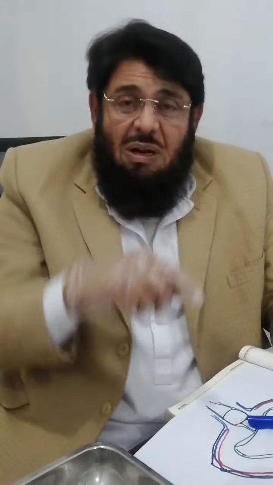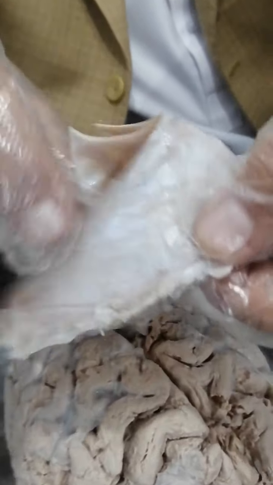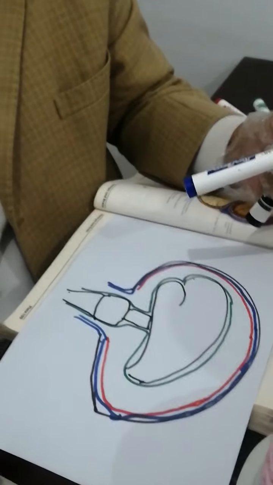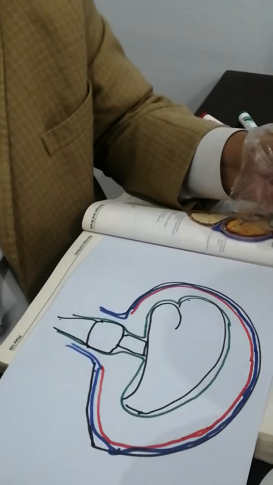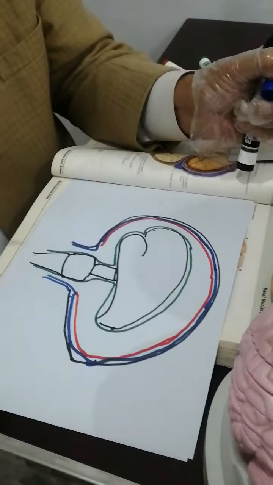The dura mater is a thick fibrous membrane, as you have seen over here, while the arachnoid mater is a thin, impermeable membrane that lines the inner surface of the meningeal layer of dura mater.